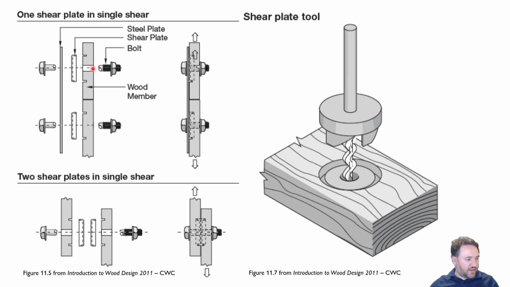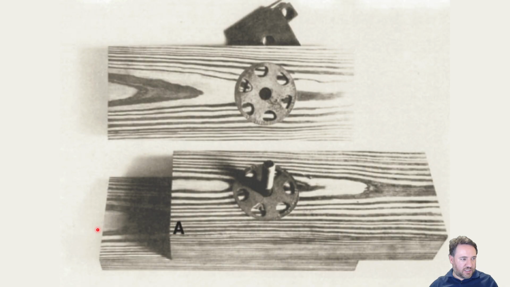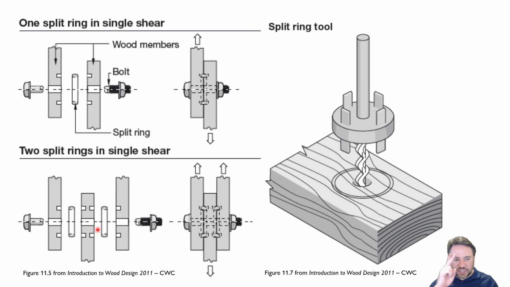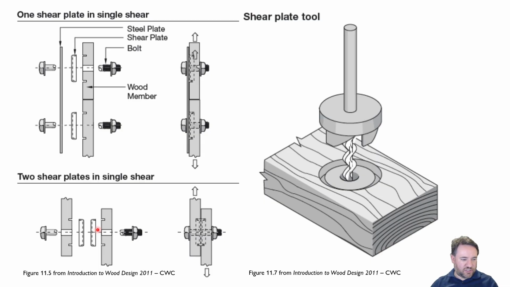Then I can use that to connect steel to the piece of wood, or I could use that kind of connection with two shear plates to join two pieces of wood together. With the split ring, I can only connect two pieces of wood, right? Because the split ring has to be half in one piece of wood and half in the other. So that's not something that I would have any reason to do with steel. But for a shear plate, I can use it to connect a piece of wood to a piece of steel.